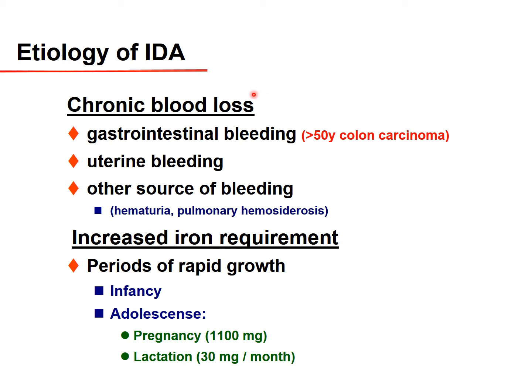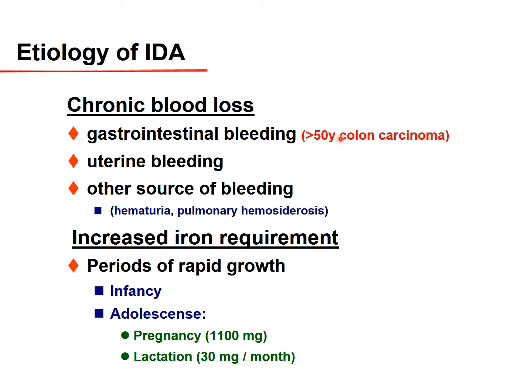Very commonly, chronic blood loss. This is what we learn, for example, in GI tract bleeding, and mostly in those who are over 50 years old and come to the physician with iron deficiency, especially a man, very, very high incidence.